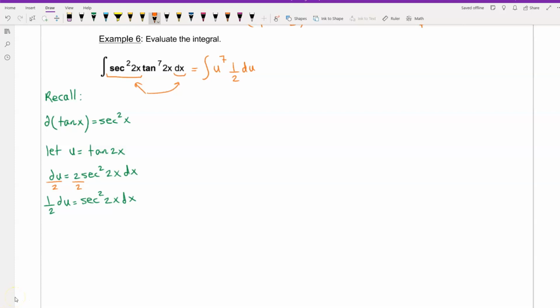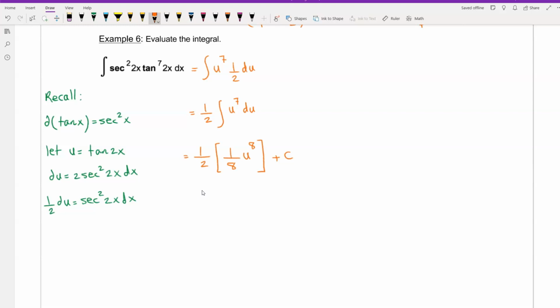Our integral is equal to the integral of u to the 7th power, which is what we have here, multiplied by 1 over 2 times du. I moved 1 over 2 outside of the integral, so we have 1 over 2 integral u to the 7th power times du. Integrate, and this is equal to 1 over 2 times 1 over 8 times u to the 8th power plus constant.